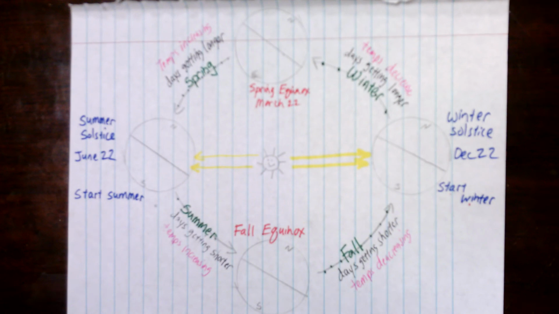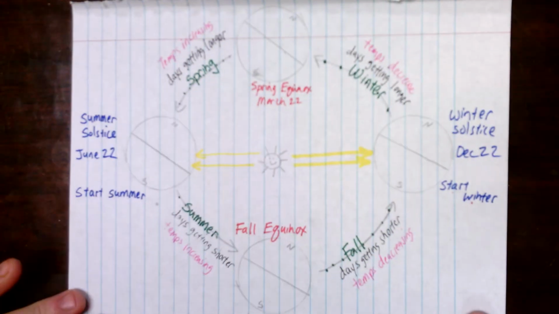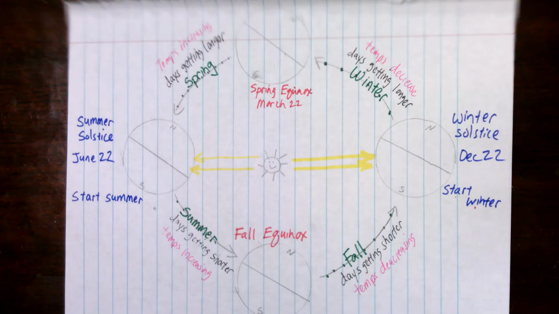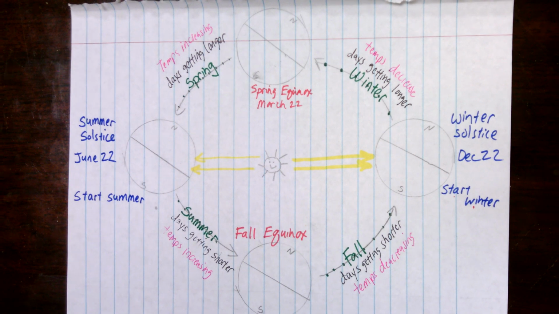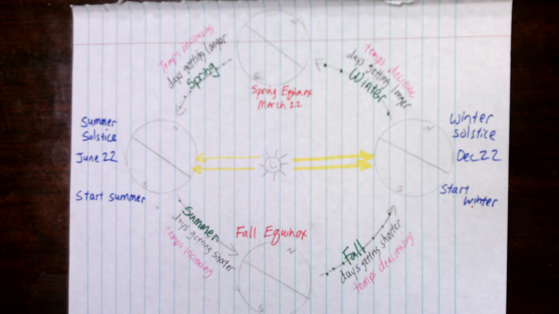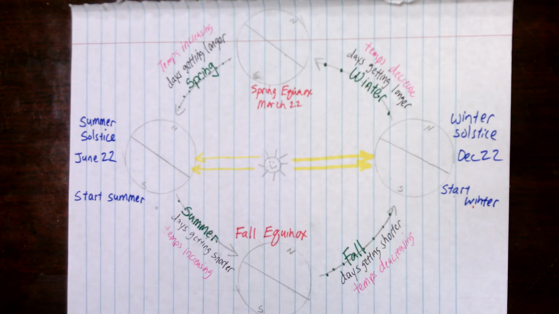Hopefully you took good notes here, and you're going to have this in your notebook as a reference when I give you a diagram that's going to be computer generated probably next. And I'm going to ask you to make some statements about what's happening from here to here on this graph in terms of what's happening to the light, what's happening to the temperatures.